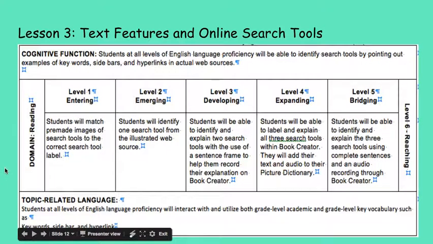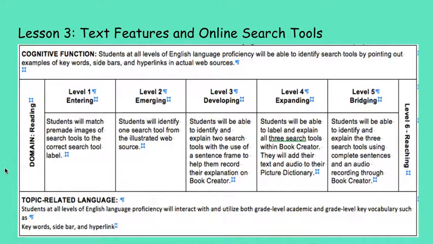Okay, so then in lesson 3, again, this is my other MPI strand, and the MPI strand is going to help me modify for all levels, and I really like that because I'm going to be really hitting every person. For level 1, I still think they really need help just matching those pre-made images of search tools to the correct label.